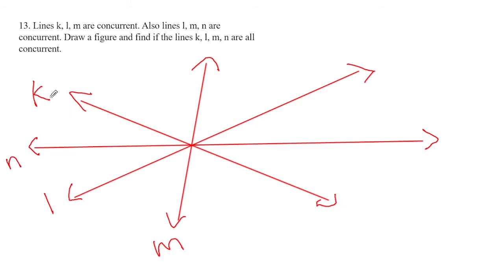Is it concurrent to K as well? Yes, so all of these lines are concurrent, right? So the answer to this question is yes. It's a big yes.